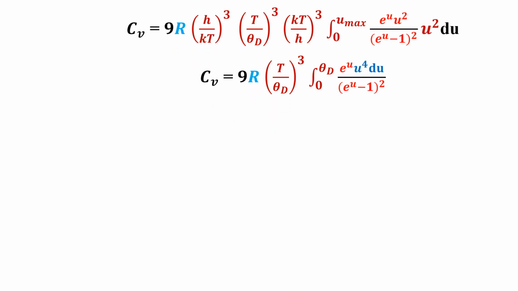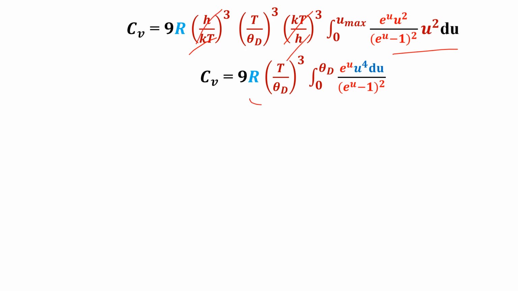So when you substitute all the values and rearrange inside the integration terms, you should have only e, u, and other related terms. The remaining constant terms are moved outside the integration. Here you have kT cube, here also kT cube, here you have h cube, here also h cube.